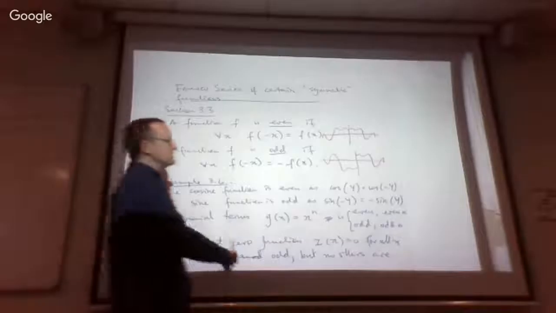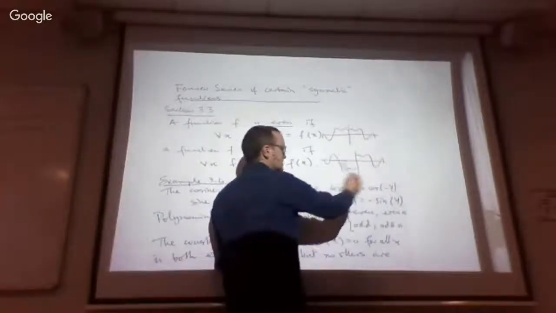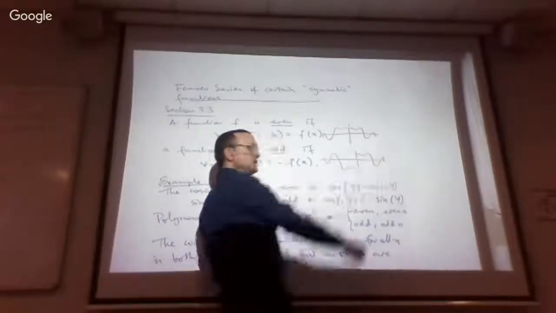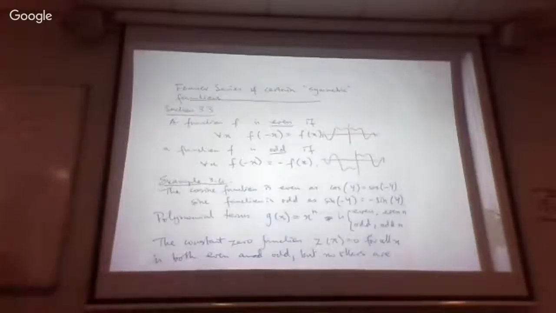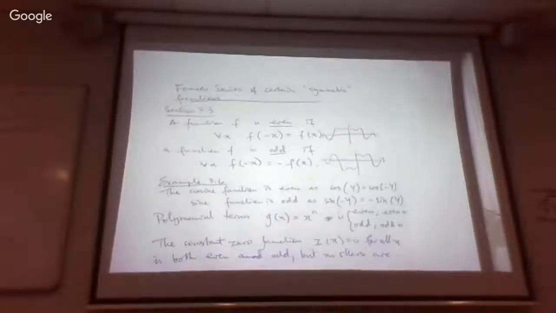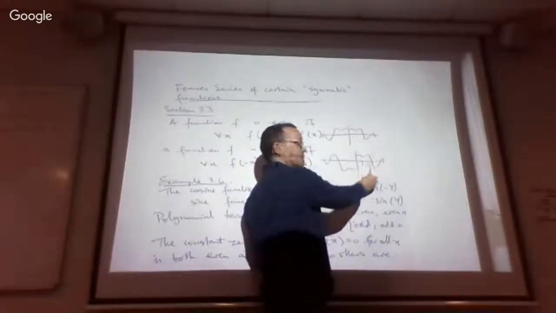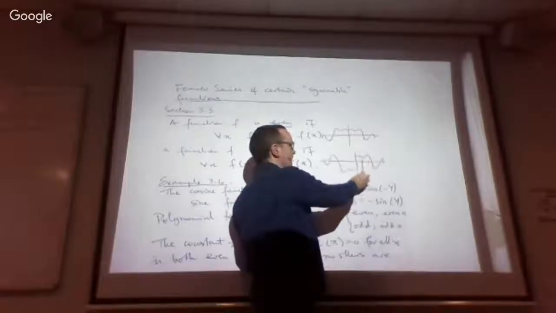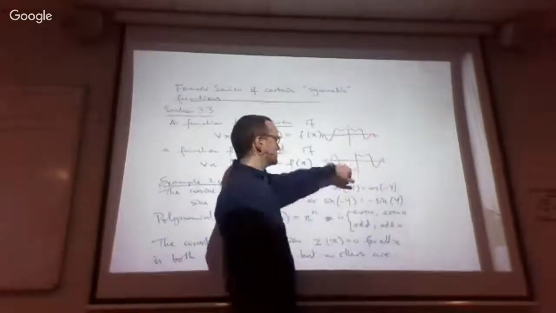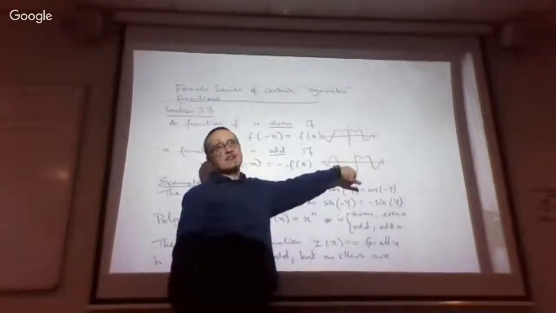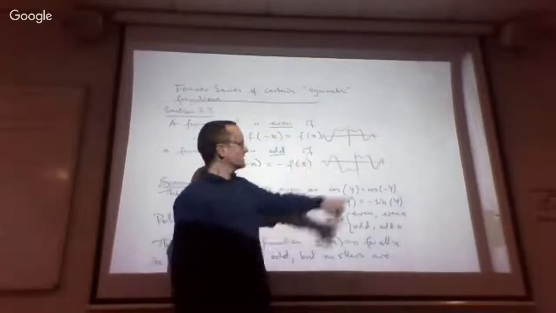On the other hand, if you integrate an odd function across an interval from minus pi to pi, what value do you get? 0. Because integration is area under the curve. For every positive bit of area you get on the right-hand side, you get an exactly corresponding piece of negative area on the left-hand side. And vice versa.